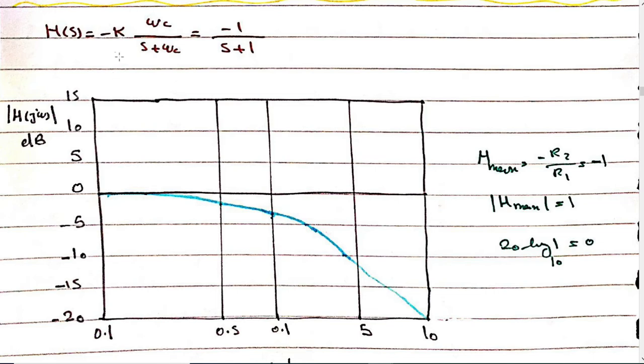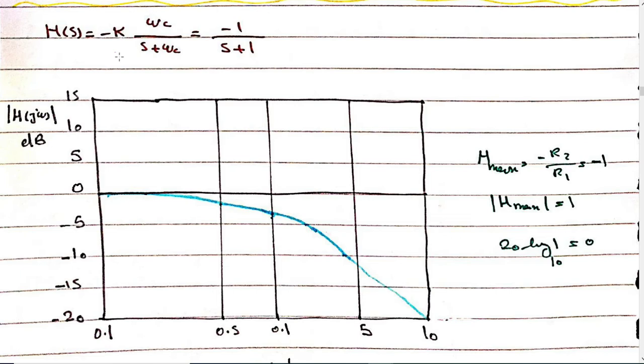The maximum value must be the gain, R2 over R1. R2 is 1 ohm, R1 is 1, so 1 over 1 is 1.